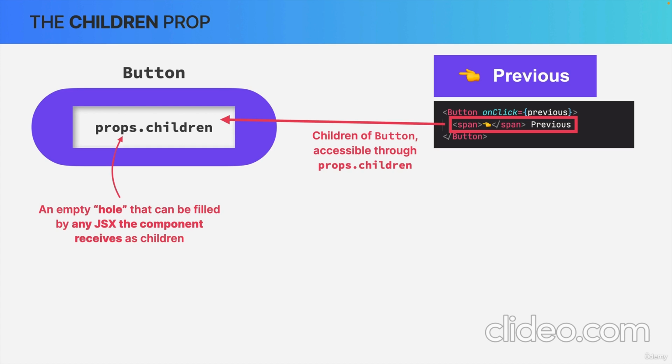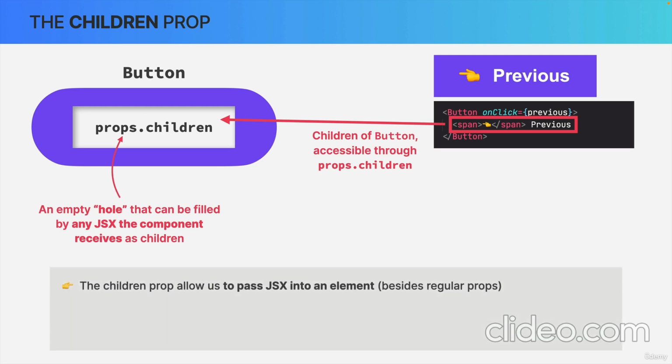Basically, by defining child elements like this, we are passing them into the button just like we can pass in any other prop. The difference is in the way in which we specify other, more regular props, and this one.